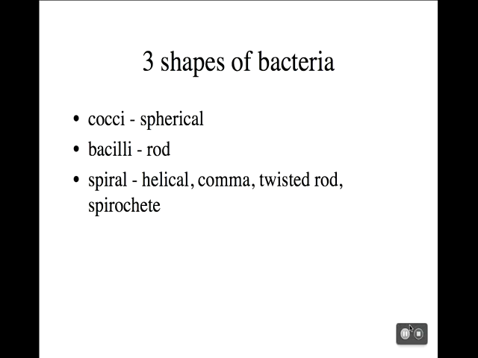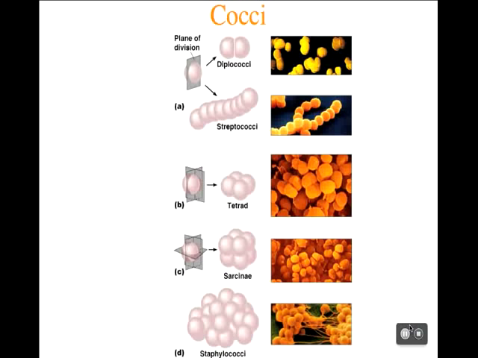And if they're spiral-shaped, there's various different versions here. They can be complete helices, like a helical shape, or a little curved comma-shaped organism, or a twisted rod. We'll see some examples of these in just a moment. So here's some examples of cocci. Now, the shape of the bacteria would either be a coccus, bacillus, or spiral of some sort.